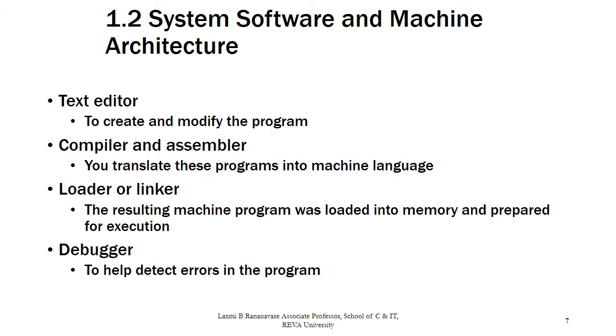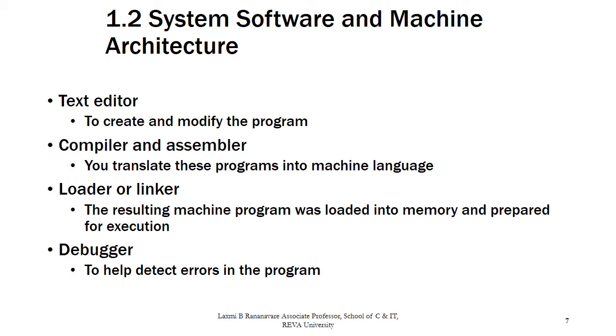Now we are going to see what are the different kinds of system software we have. One is a text editor. We use a text editor to create a program, and you can modify your program using it. We have already seen some examples.